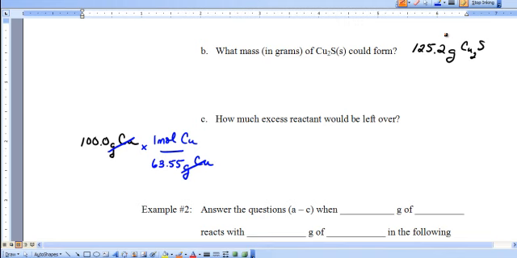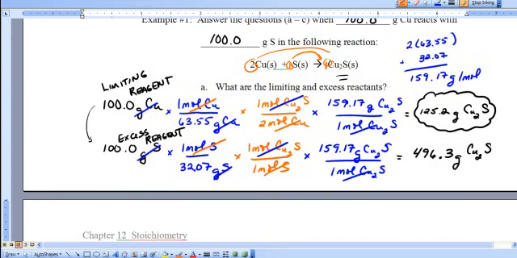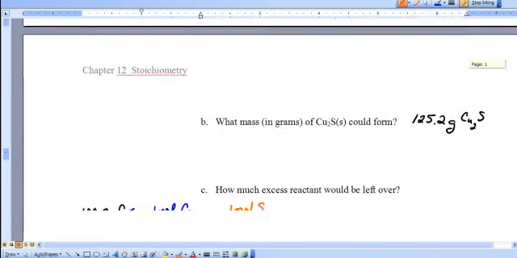Now the mole ratio in this case, if you flip back to the previous page, is 1 mole of sulfur is needed for every 2 moles of copper. Why? Because it's Cu2S. And if you scroll back up, the mole ratio is a 1 to 2 or 2 to 1. Alright? So that's what we're going to use there.